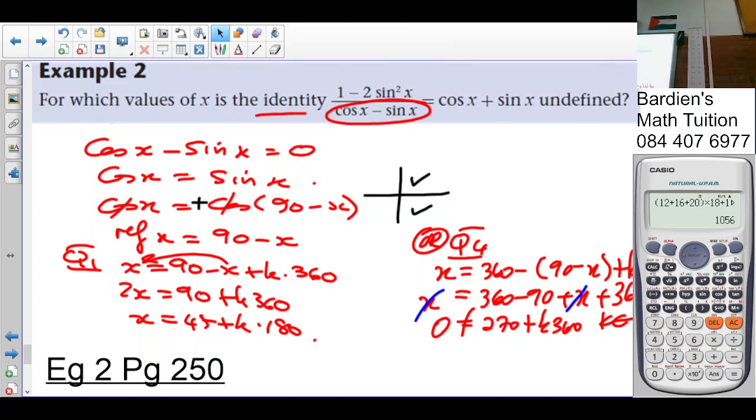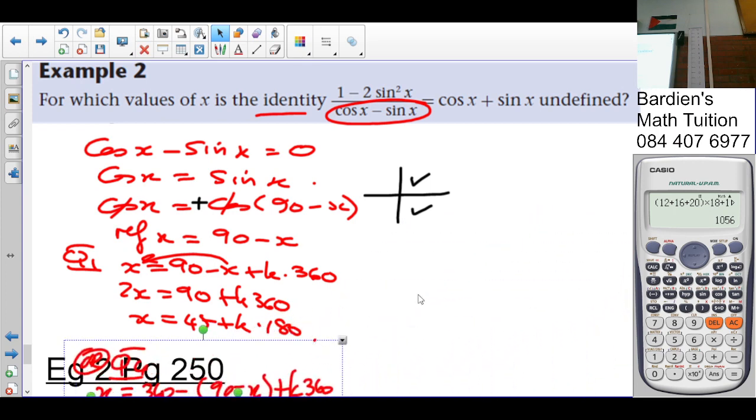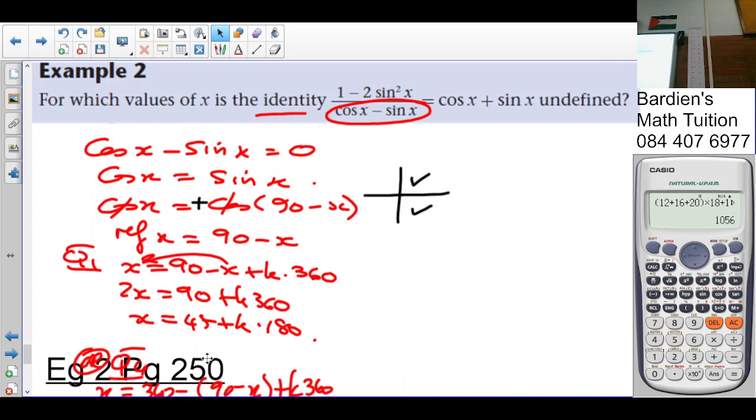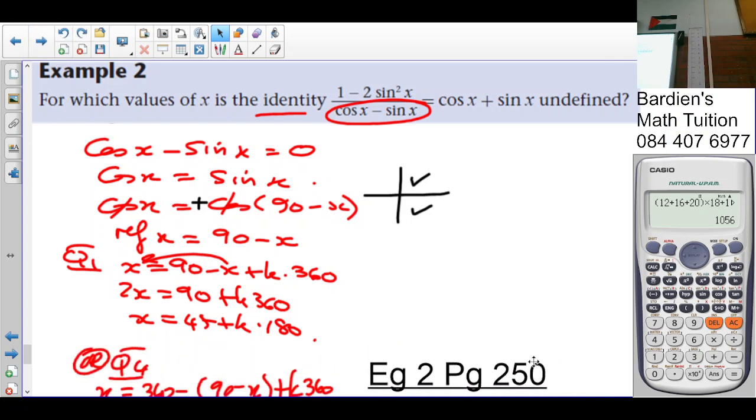Okay, let's put this under here. There was an easier way I could have done it. The reason why I went down that route is because it was called out first.